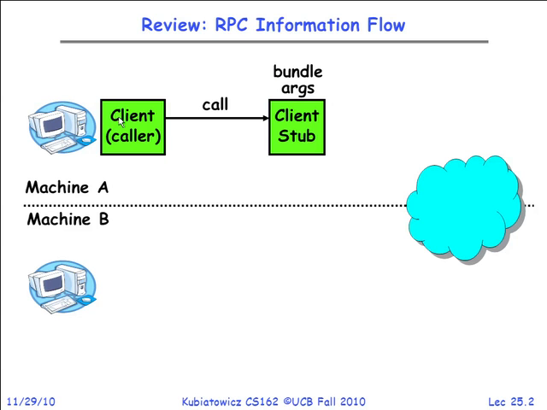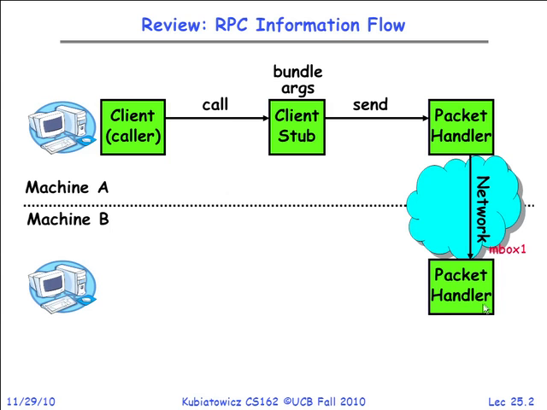What that stub does is take all the arguments, turn them into a network-independent format, and serialize them into a message, which then goes to the lower layers, which send it across to a mailbox. I have mailbox 1 here on machine B, which is the server machine.